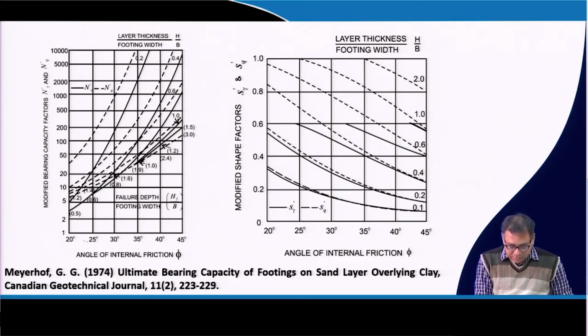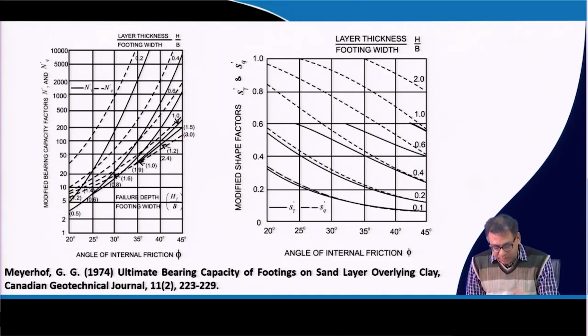So, this is for different friction angles; these two are for 0.2, this is 0.4, then 0.6, then this line is 1 and this dotted line is also for 1, then the firm line goes up to 1.5 and the dotted line up to 3.